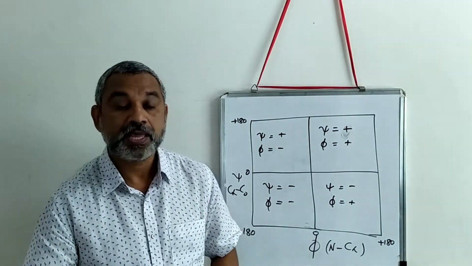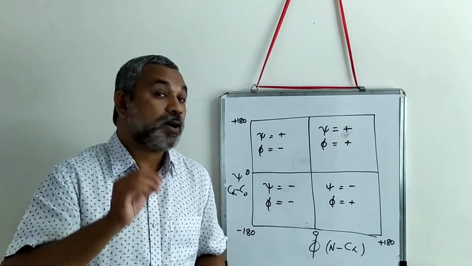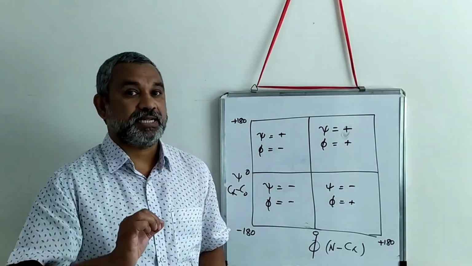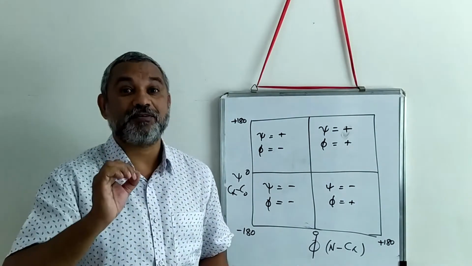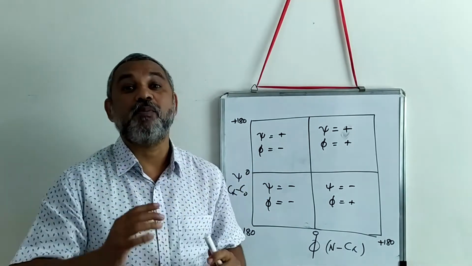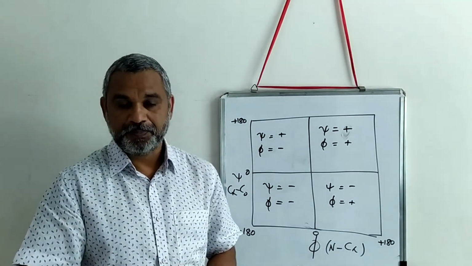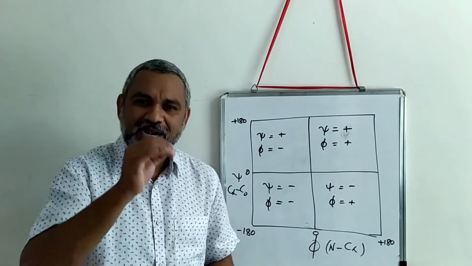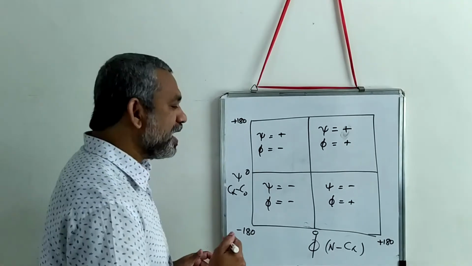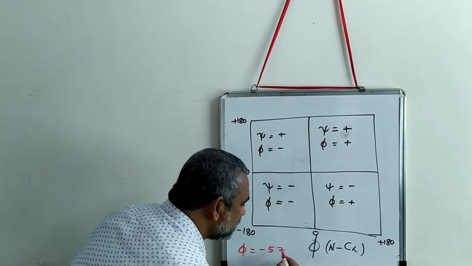Now, every amino acid in X-ray crystallographic studies will show both a phi and a psi bond angle. Assume that one amino acid gives a phi and a psi bond angle. The phi bond is, let's say, minus 57.